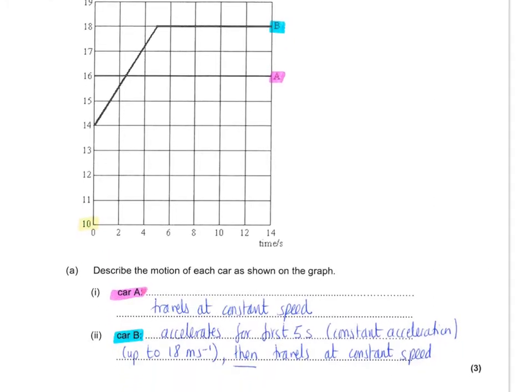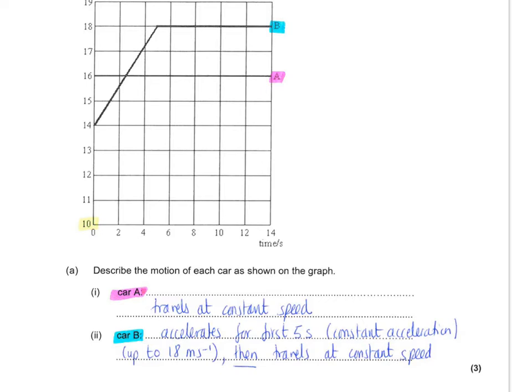So fairly straightforward. Looking at car A, you see that it travels at a constant speed. You could even give the value of 16 meters per second. Car B, however, has two stages for its motion, so you must comment on each one.